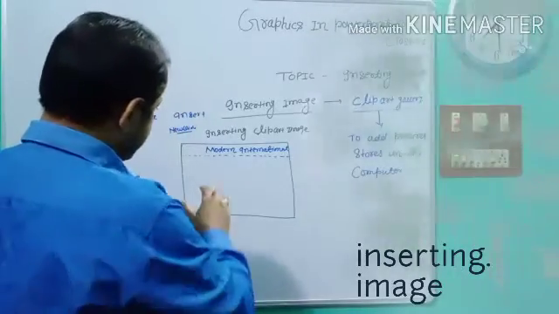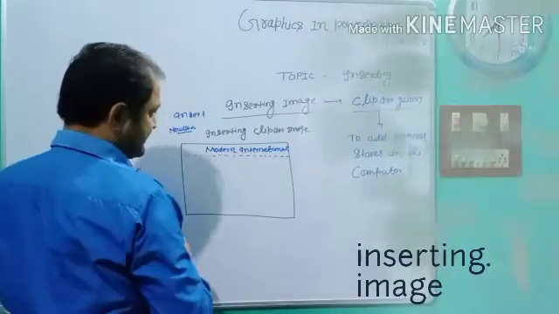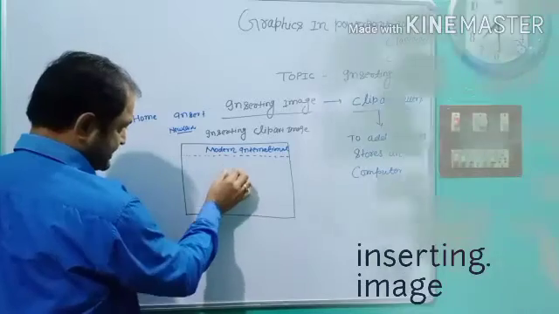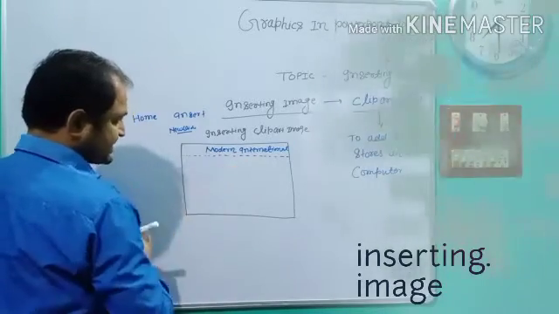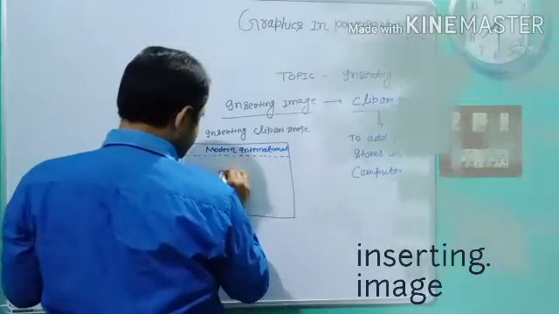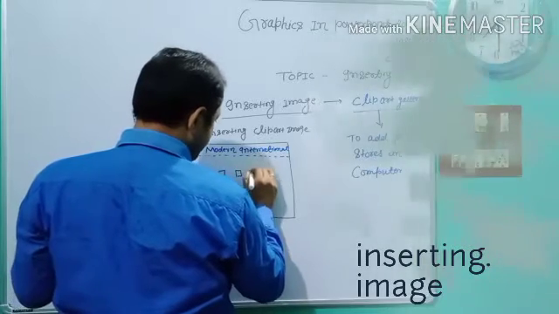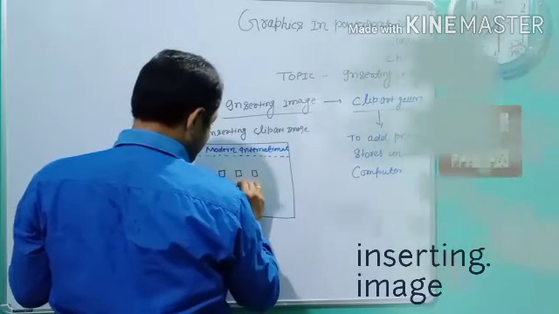You write in this area, and give the mouse pointer in this area. There are 6 such types of icons available in this particular area.